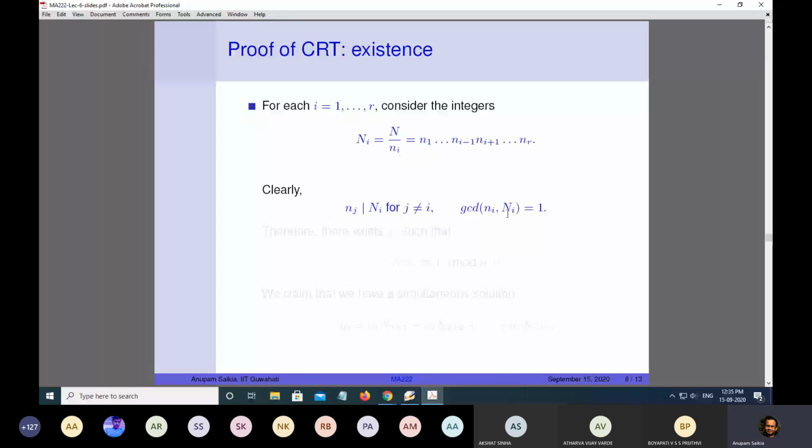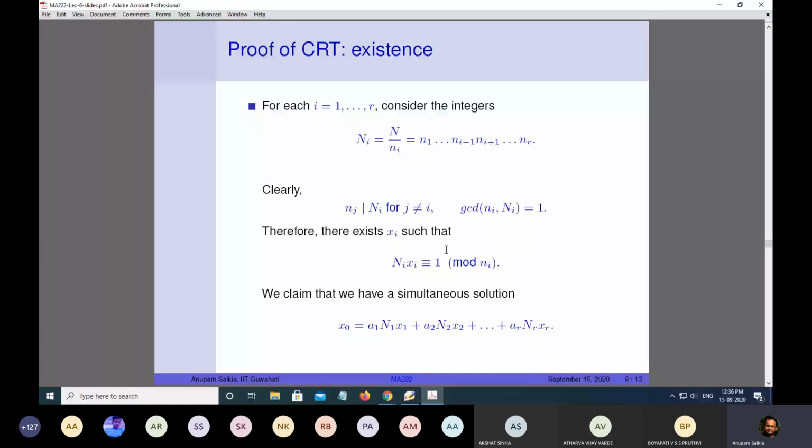But if this GCD is 1, then what's the advantage? Then there is a solution xi such that Ni xi is congruent to 1 mod ni. Because you know that the linear congruence ax congruent to b mod n always has a solution if a and n are co-prime.